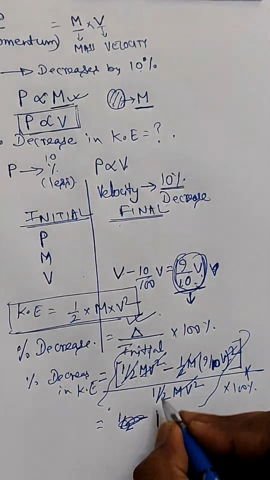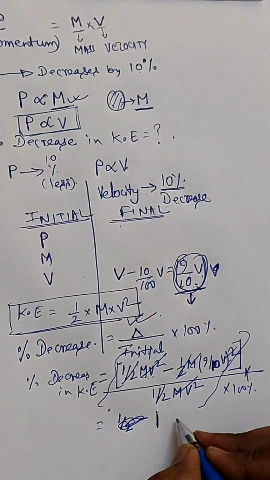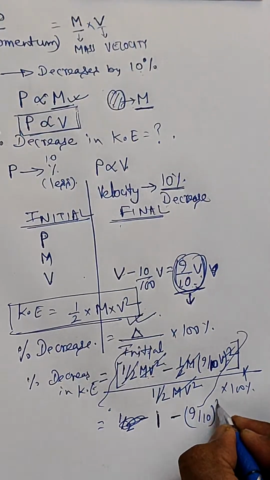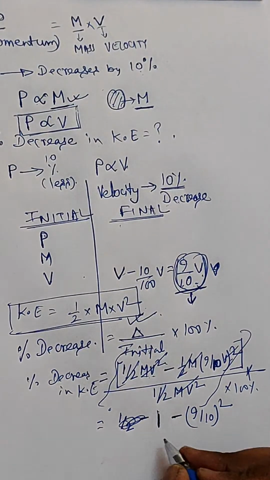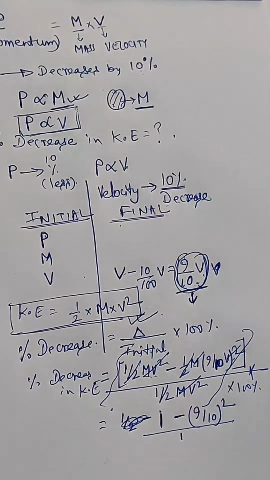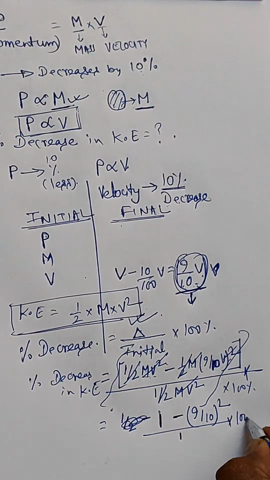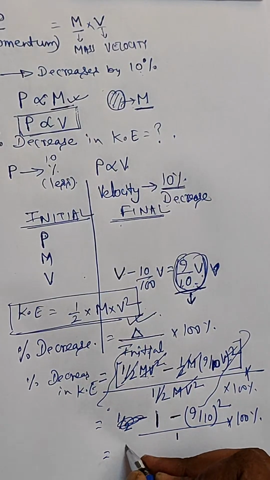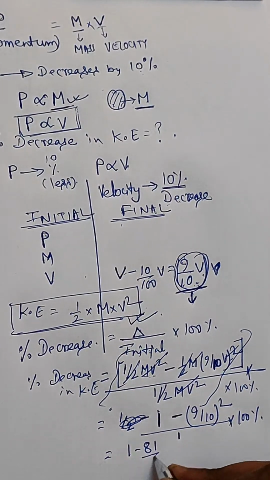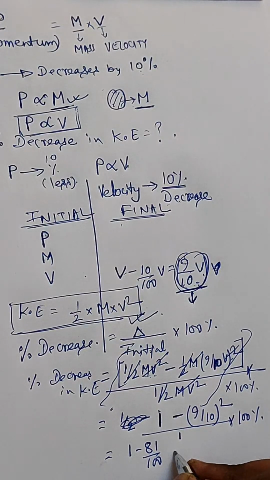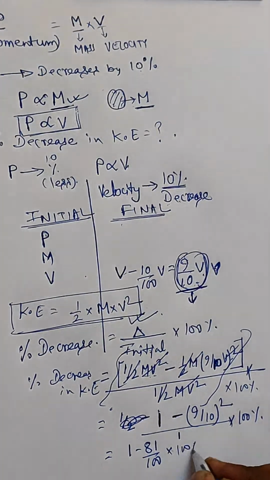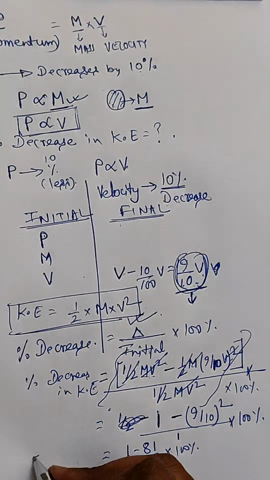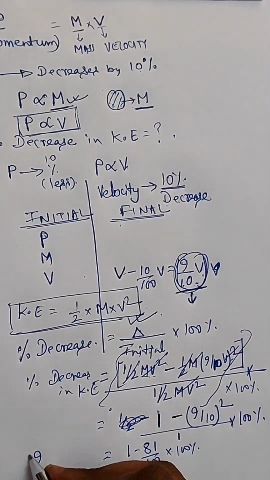This is 1, the first term, minus 9 by 10 whole square, right, divided by 1, into 100%. So this will give you 1 minus 81 by 100 into 100%. So 100 minus 81 is 19.